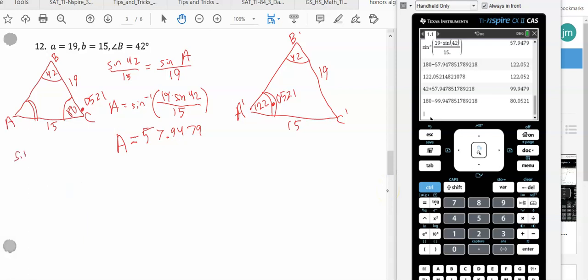So we get sine of 80.0521 over little c equals sine of 42 divided by 15. So little c is equal to a big fraction here. It'd be 15 times sine of 80.0521, all divided by sine of 42.